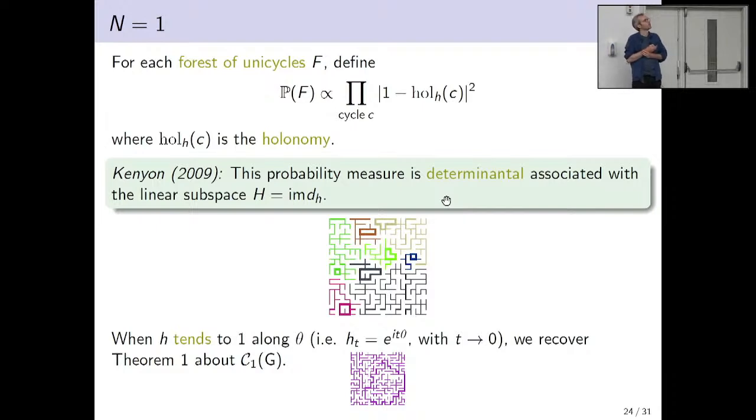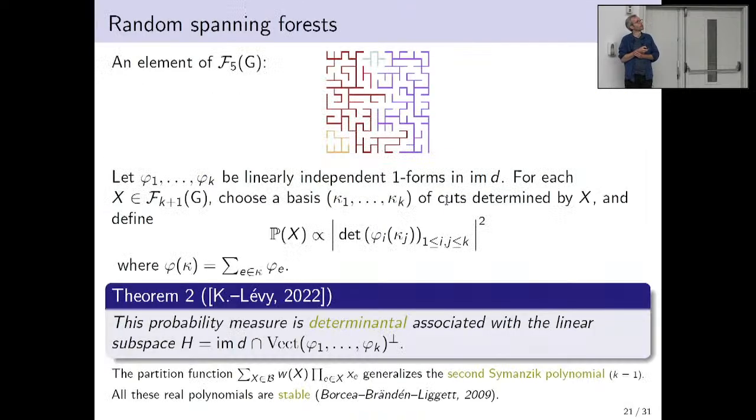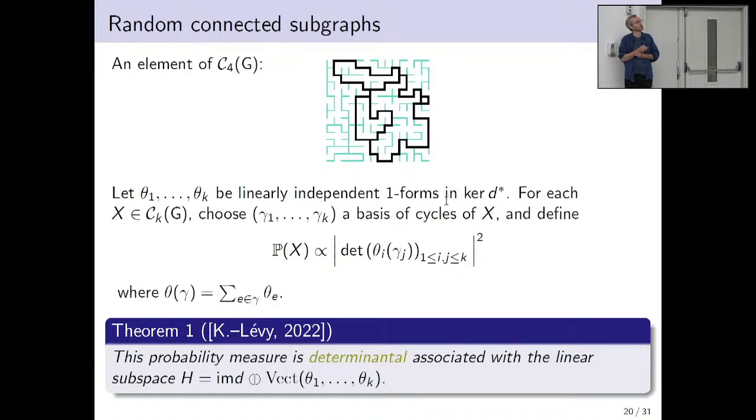And actually, just to connect to what I said before, now if you take H which tends to 1, in the sense that you take these parallel transports to be very, very close to 1, you take them to be e^{i t theta}, and you let t tend to 0, then you will see that your measure concentrates on the unicycles with only one connected component, and the weight is exactly the case k equals 1 of the theorem here, where you have one cycles and then the weight is just theta of gamma squared.